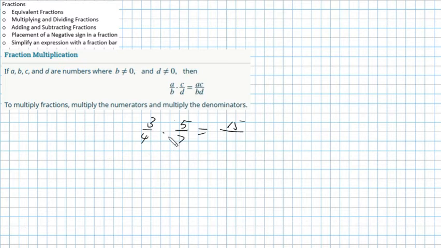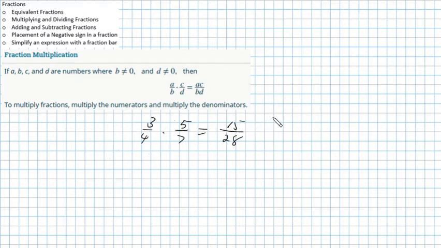And when we multiply the denominators, we get 4 times 7, 28. You could multiply the denominators first, 4 times 7, 28, 3 times 5, 15. Alright, and so that's pretty much that.